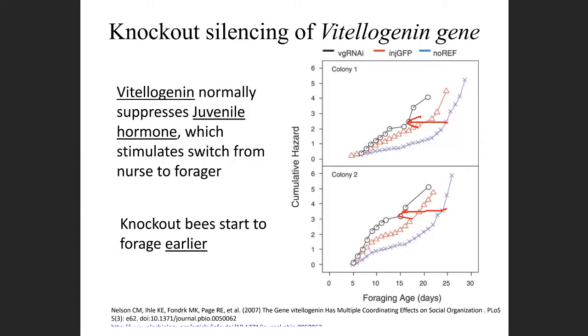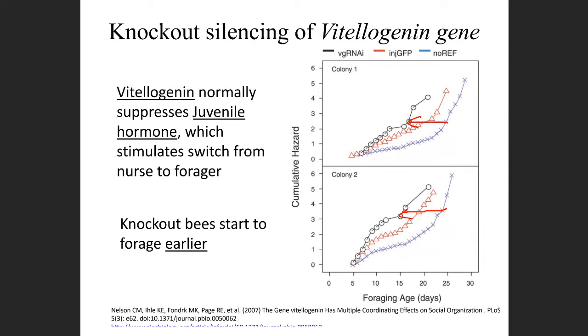So one gene that's been studied with RNAi is vitellogenin, which normally suppresses juvenile hormone. If you take entomology, one of the things you're going to discover is that almost every behavior in transition is modulated by either juvenile hormone, which suppresses molt, or ecdysone, which stimulates molt, but also has lots of other effects in the adults, long after molting and growth is happening.